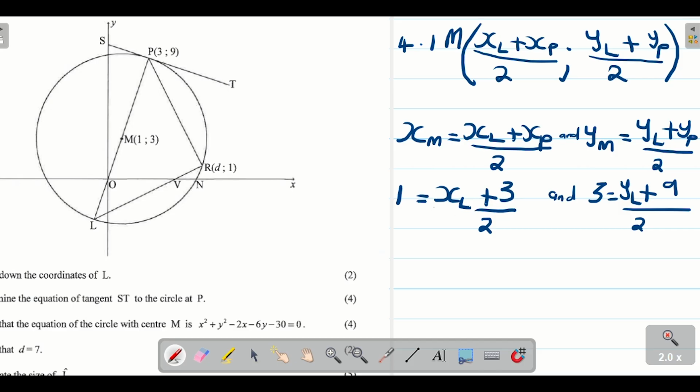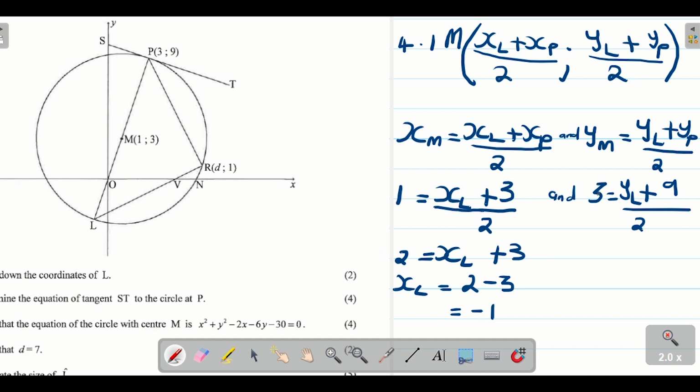Therefore, we multiply this 2 with that 1, and we end up with 2, which equals x of point L plus 3. To find L, we take 3 to the other side. It's going to be 2 minus 3, so x of L equals 2 minus 3, which is negative 1.